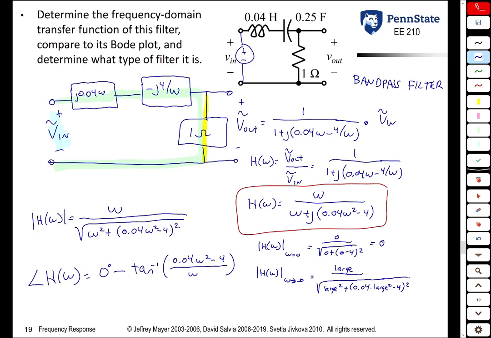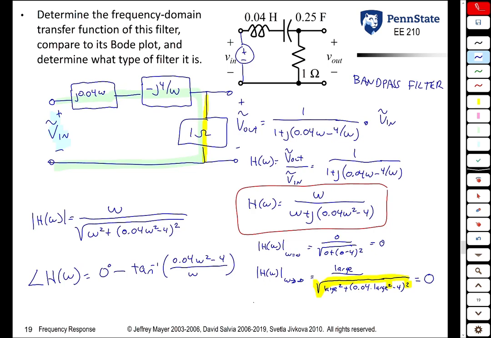Because in the denominator you have this large number squared and squared again, and then you're taking the square root, you see that you're going to have the denominator much larger than the numerator, and so once again, that is going to be 0.